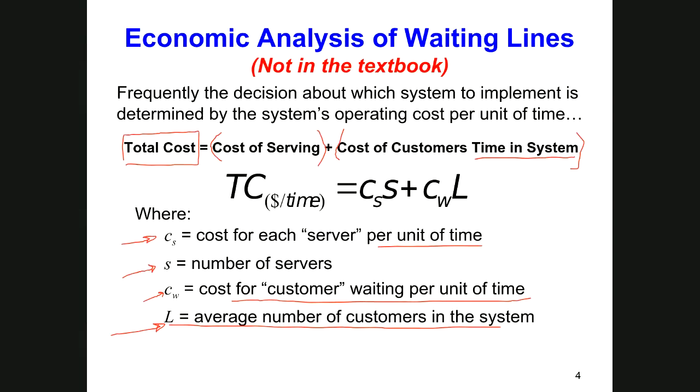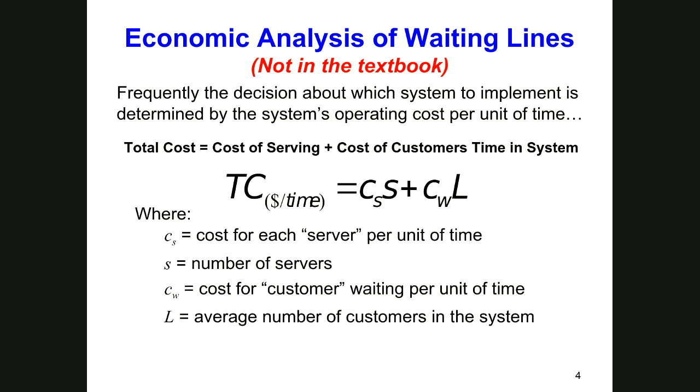And then L in this formula is just the average number of customers in the system. So for example, let's think of our previous problem. Let's suppose, and we'll make the arithmetic easy, that each doctor is earning $100 per hour. We know from the previous problem we had 2 doctors. Our cost for customer waiting per unit of time, let's suppose it is $25 per hour.